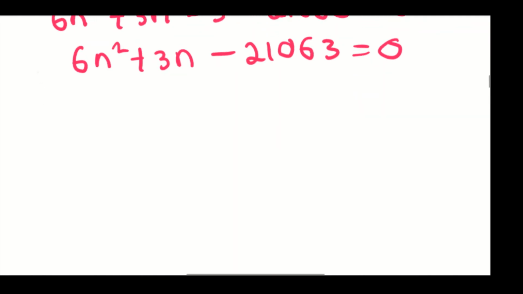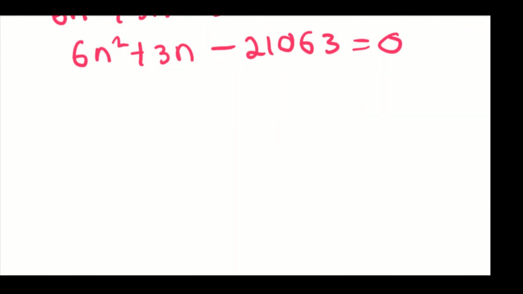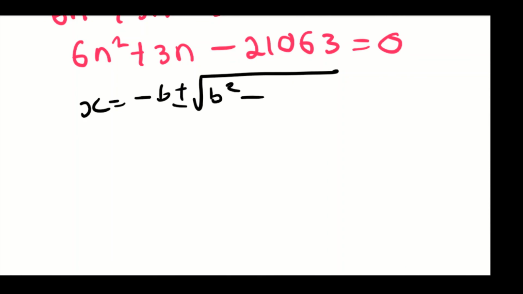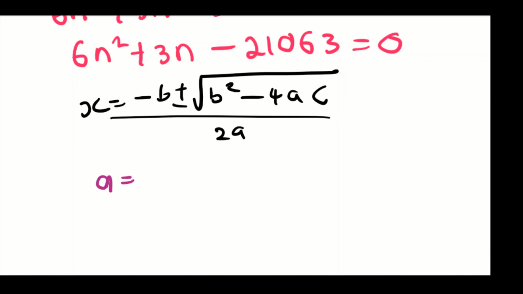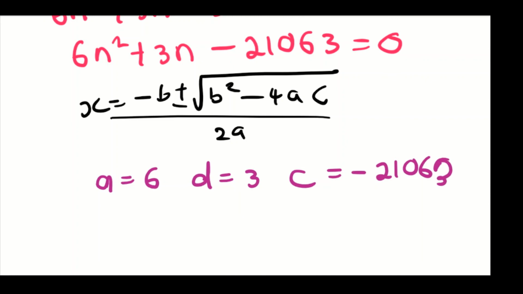And then we can use the quadratic formula, which is x equals minus b plus or minus root of b squared minus 4ac, divided by 2a, right? Where our a value equals 6, our b value equals 3, our c value equals minus 21063, right? So we'll substitute into the equation.